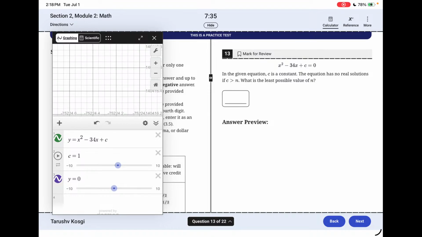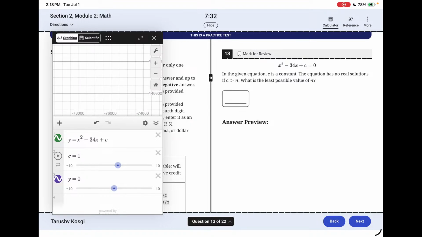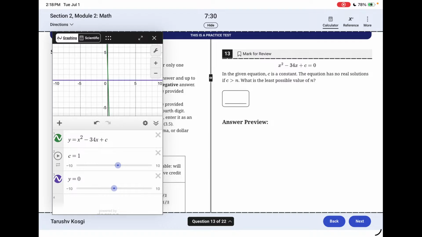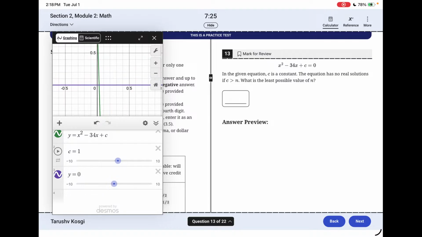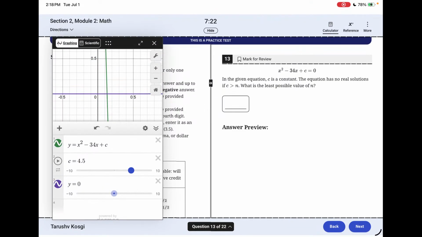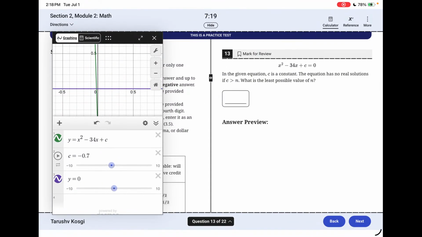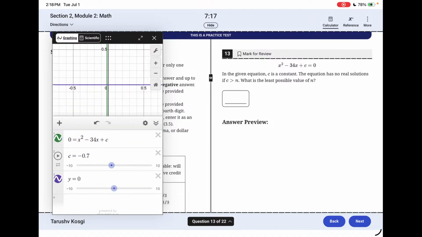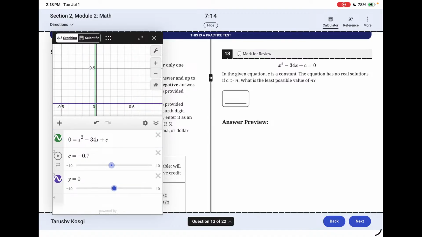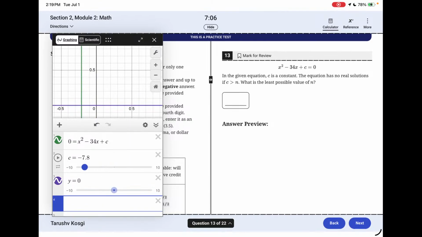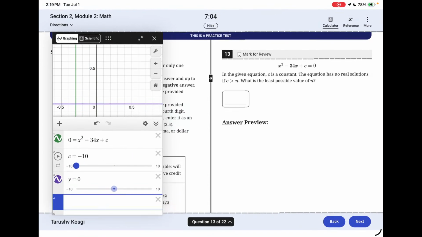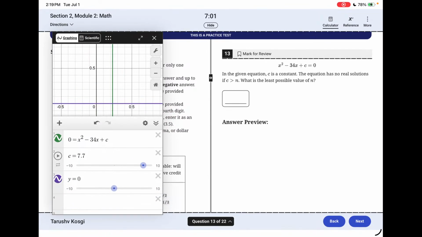And let's zoom out a lot here. Okay. So now, kind of just, okay. What if I do 0 equals that? Okay. C is more than n. What?